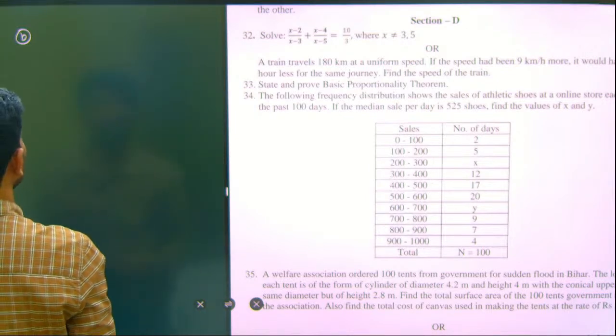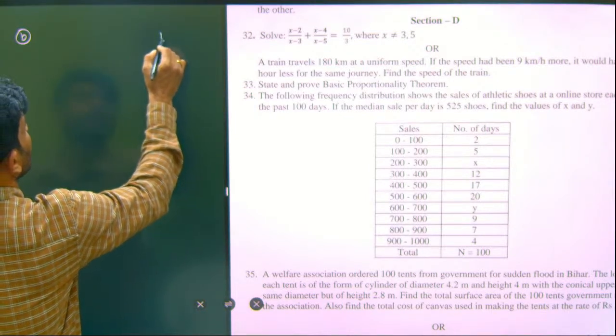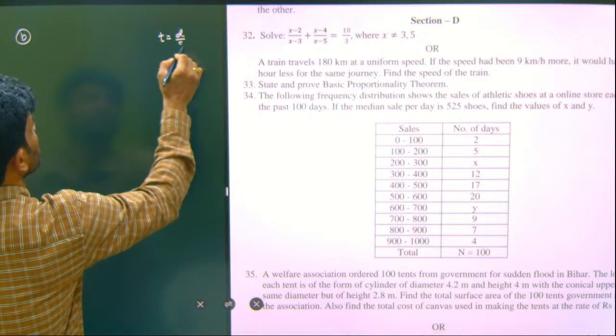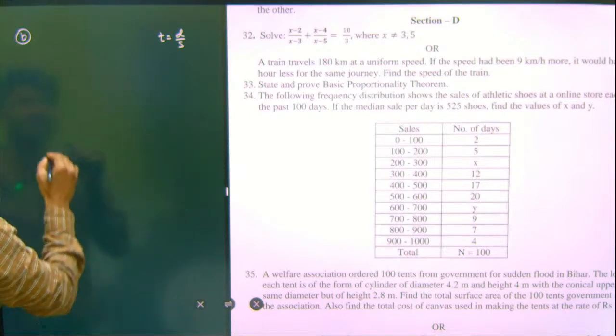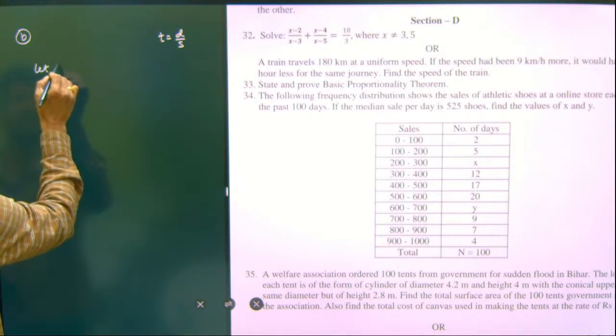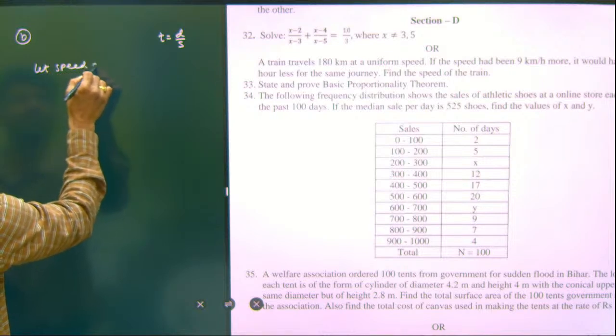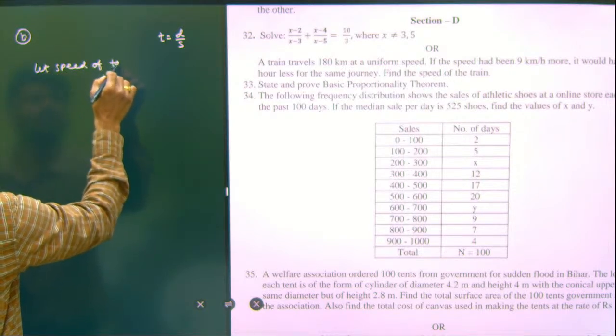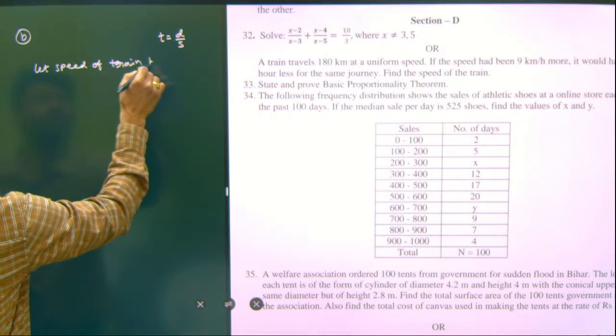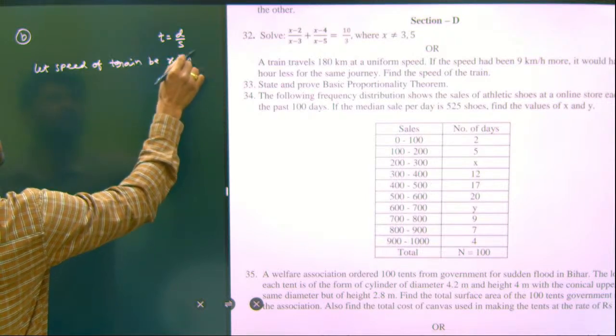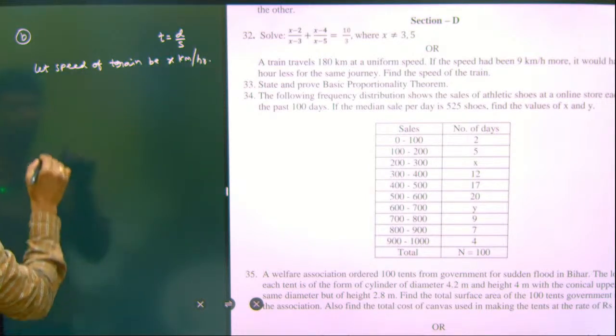Then here we follow time is equal to distance by speed. Let the speed of the train be x kilometers per hour.